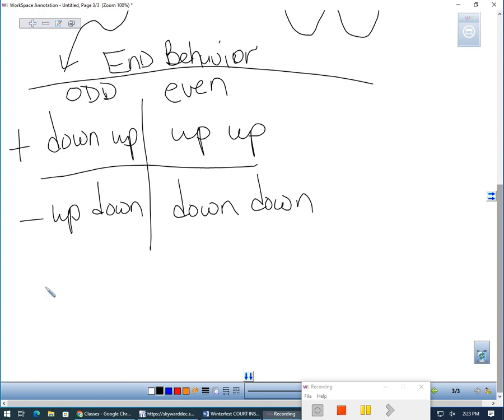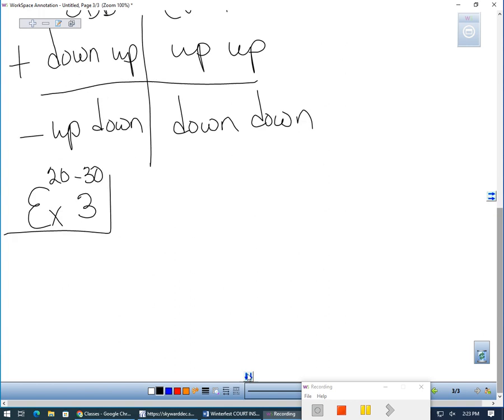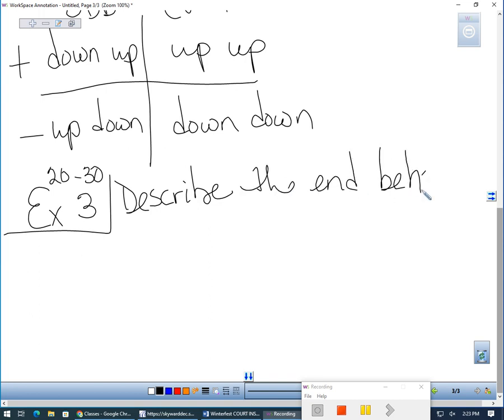All right, so here is example number 3, which will cover 20 through 30. Describe the end behavior of the polynomial function.